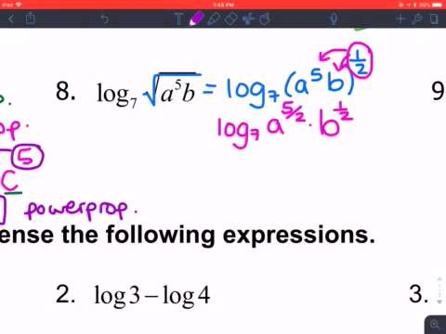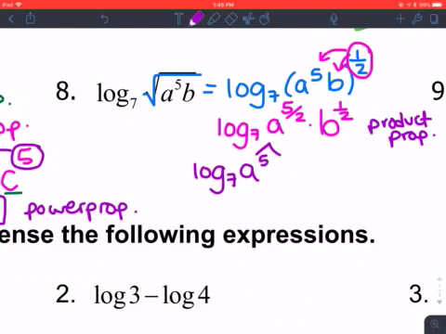And now we can split this up using our product property of logs. So we'll rewrite this as 2 separate logs. They will both be base 7, but we're going to split up our argument. So we have log base 7 of a to the 5/2 plus log base 7 of b to the 1/2.